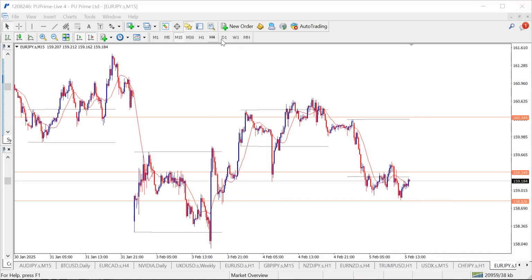I would love to say we should buy EURJPY, but just for us to be clearer: EURJPY buy stop at 159.349. SL 158.826.